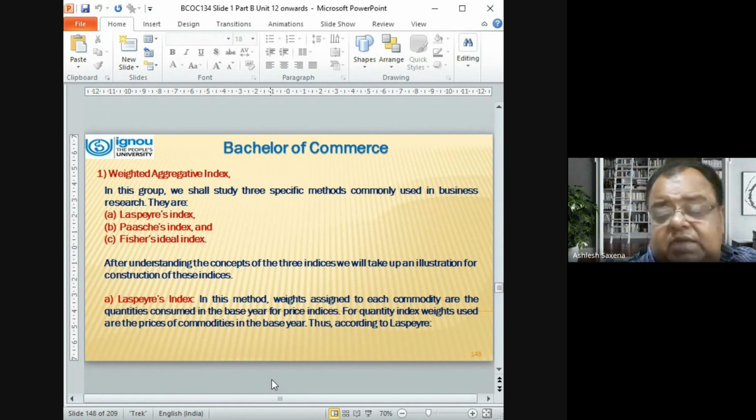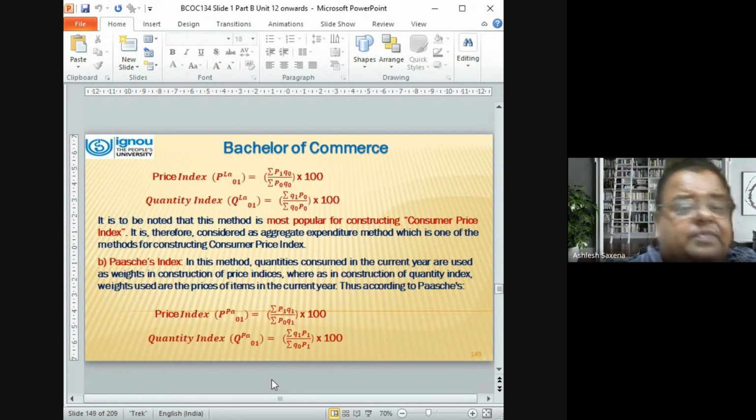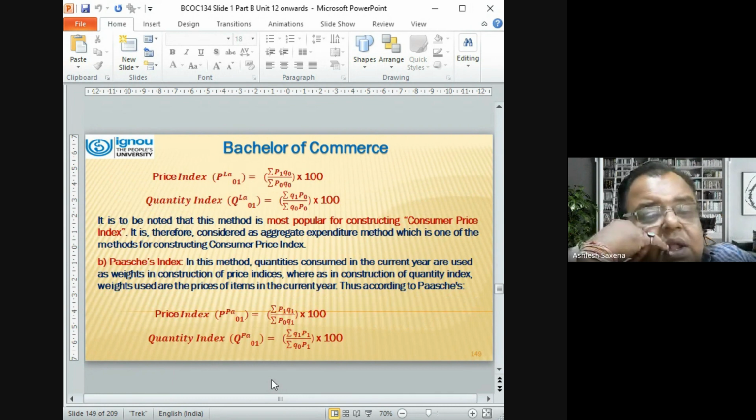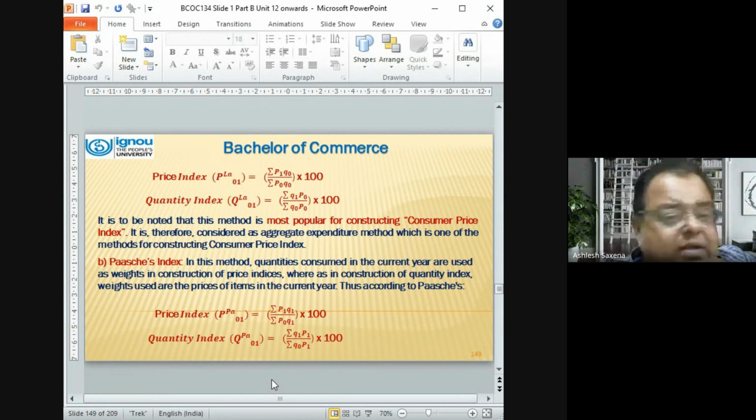Then according to Laspeyres, here comes the formula. See the method of writing it. P01 is equal to summation P1 Q0 upon summation P0 Q0 into 100. That is for the price. And for the quantity, the same thing will change: P will be replaced by Q.